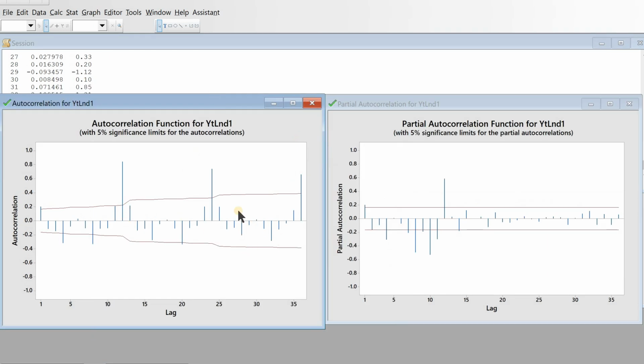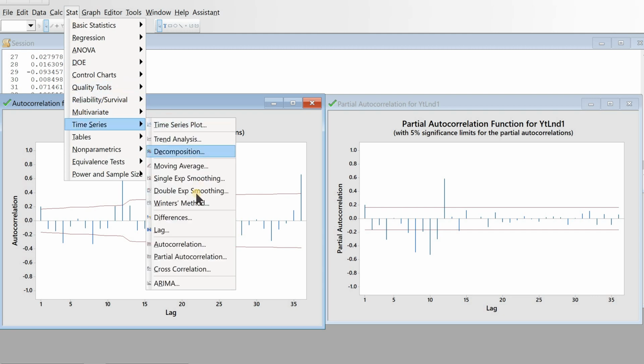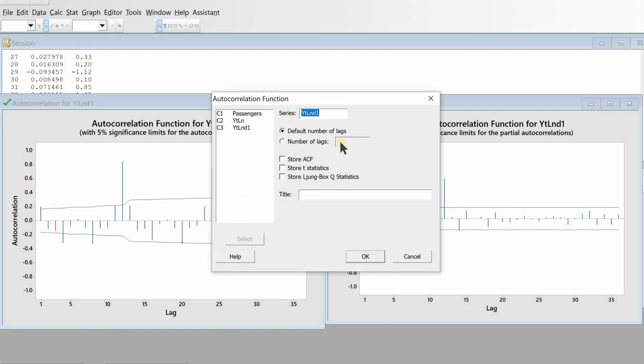It's not really clear for the seasonal lag whether it dies down very slowly or exponentially, because the plot now stops at lag 31. So we should increase the number of lags, maybe up to 100.